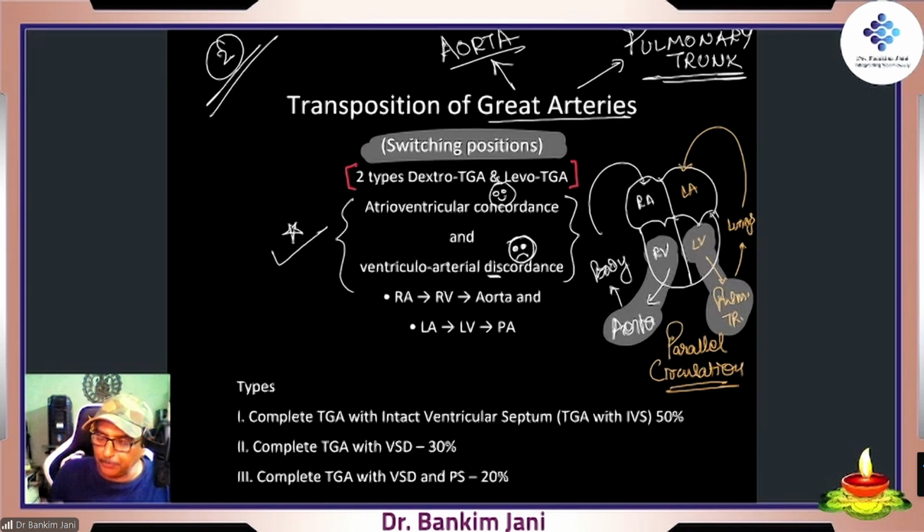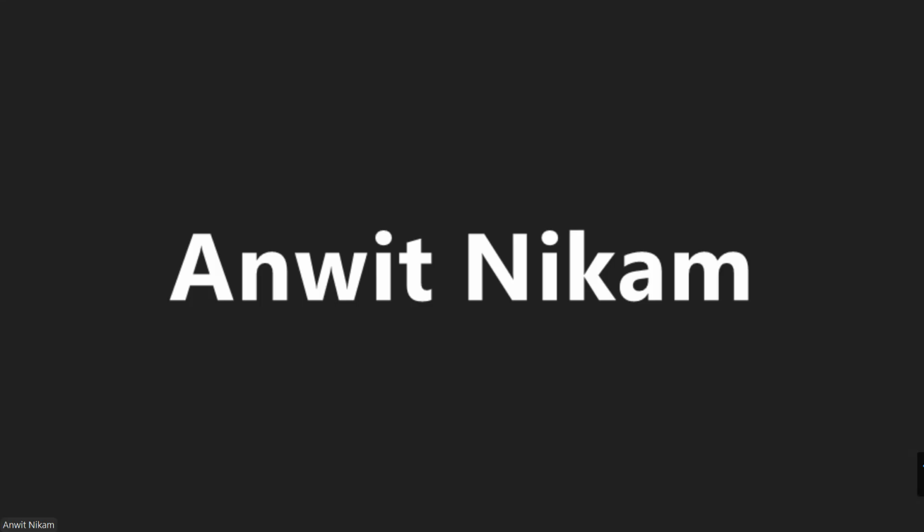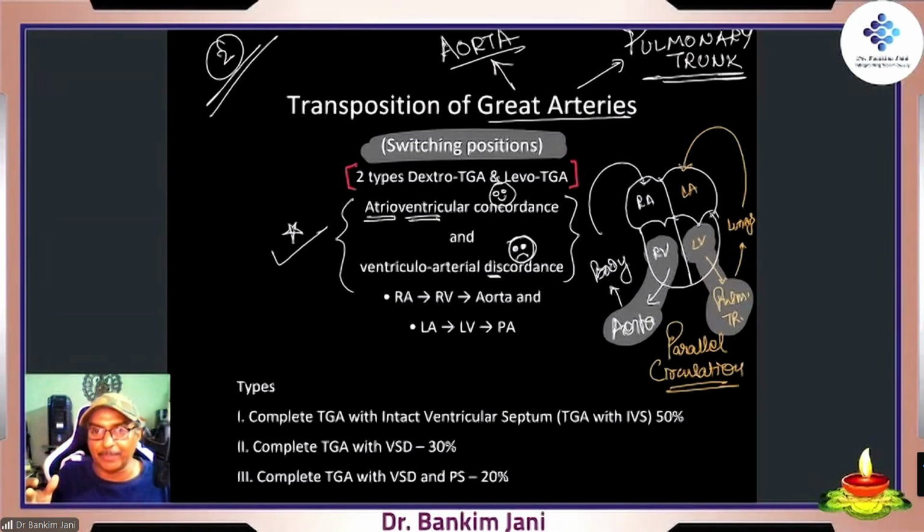So in transposition of great vessels, now you tell me, is there any conflict between atria and ventricle? No. Atria are fine, ventricles are fine. Right atrium to right ventricle via tricuspid, left atrium to left ventricle via mitral.